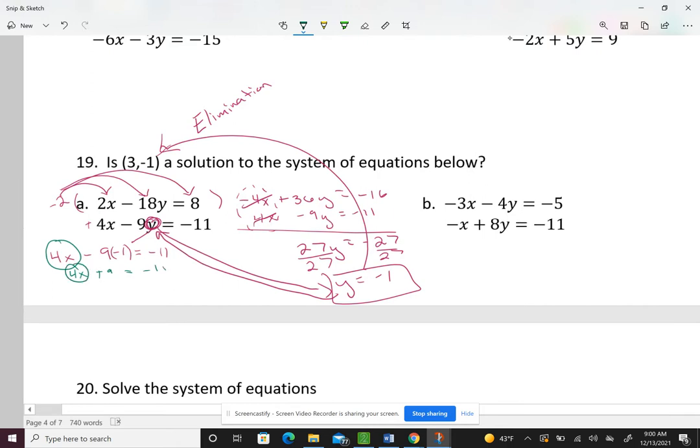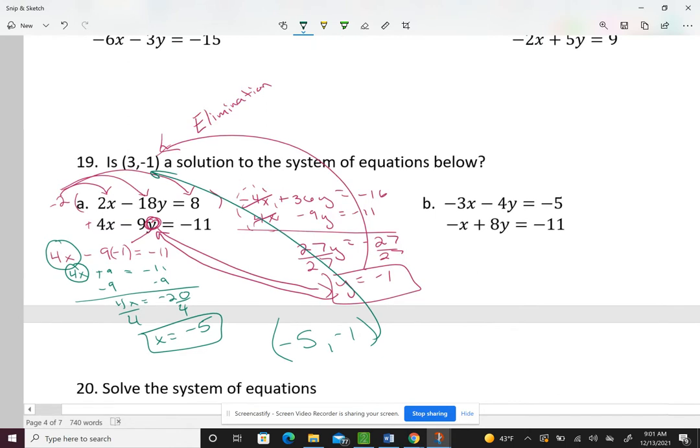So I'm going to subtract 9 from both sides, and I get 4x equals negative 20. Then I'm going to divide both sides by 4, and I get x equals negative 5. So the solution to this one is negative 5, negative 1. Obviously, this is not the solution, so this would be no.